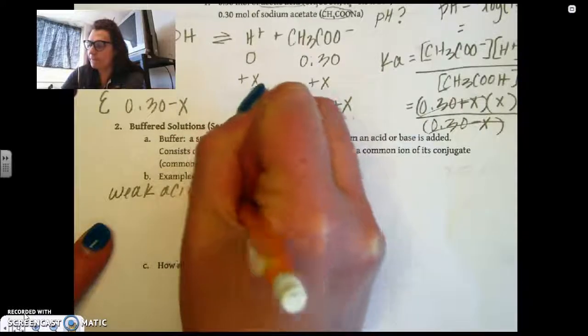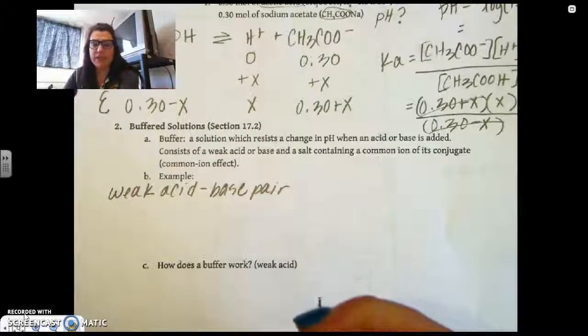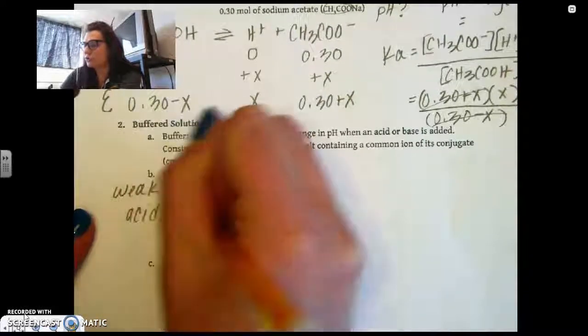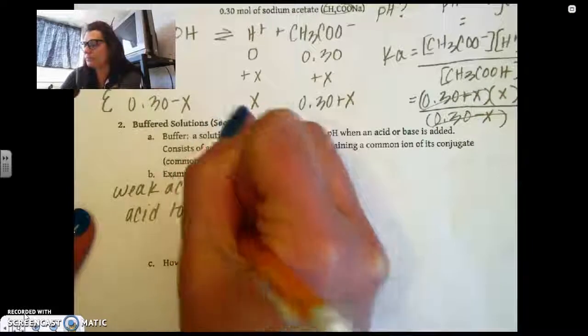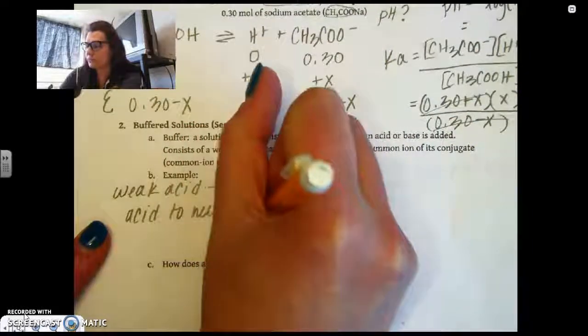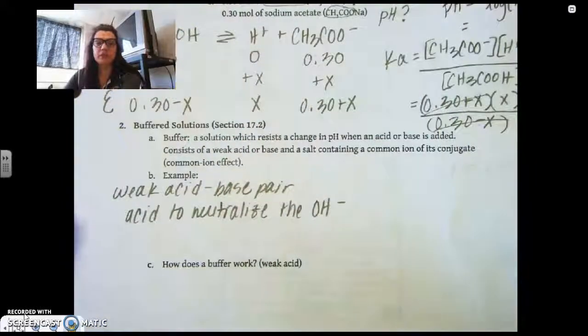base pair. And ultimately, a buffer needs to have an acid to neutralize the OH. So you would add something like sodium hydroxide.